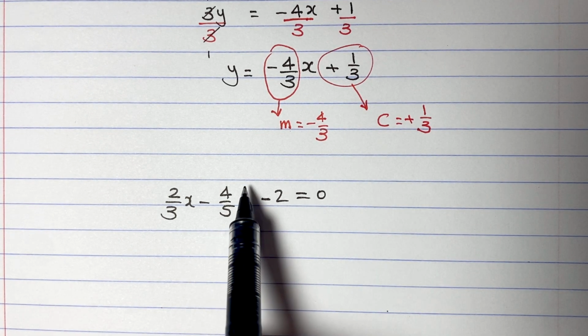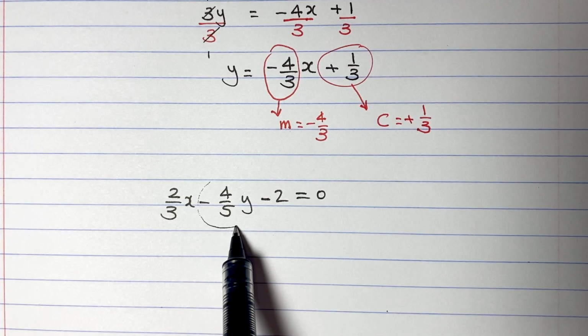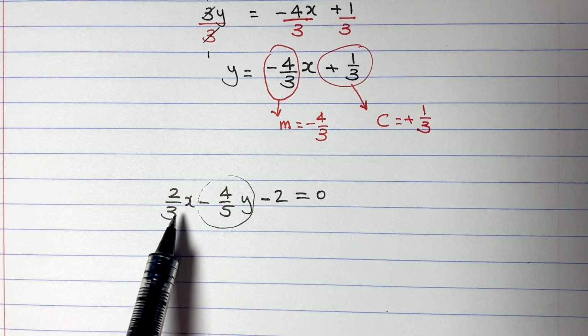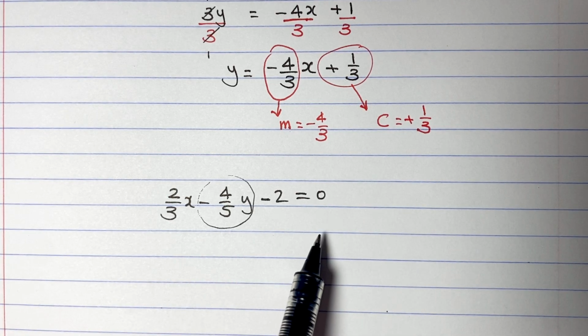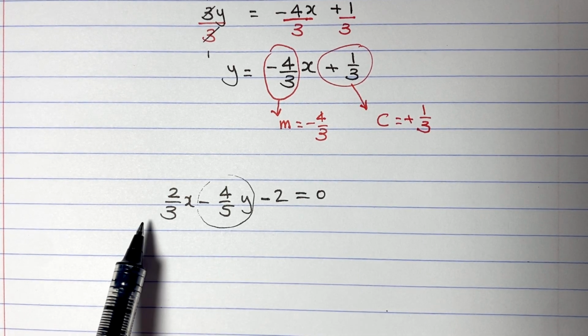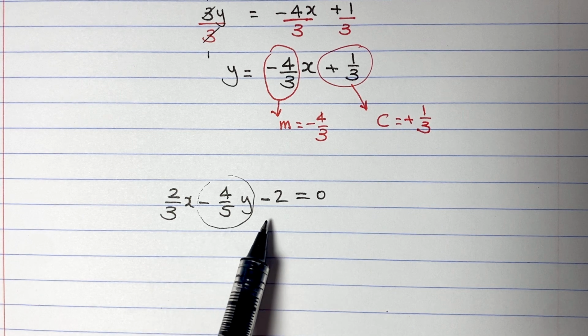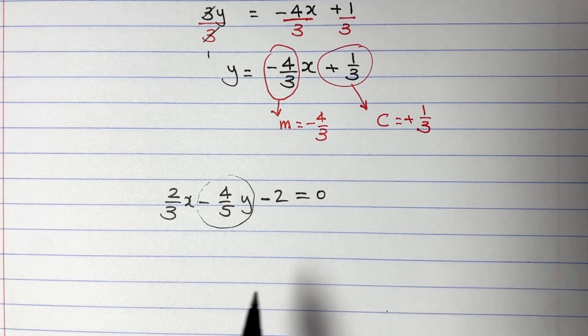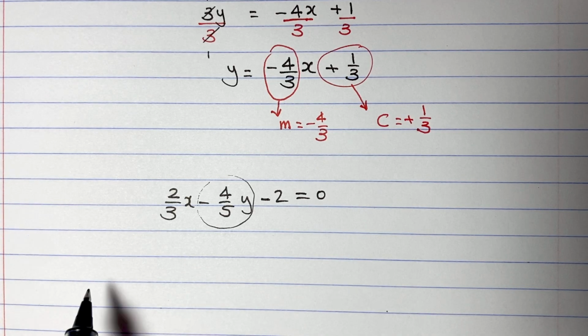I need to keep y and get rid of these two or send them to the other side by balancing the equation. Or I can just multiply everything by a number to get rid of my fractions first. We can do that first.